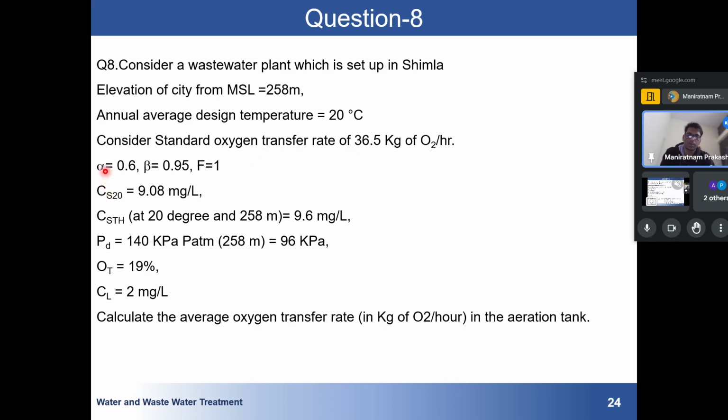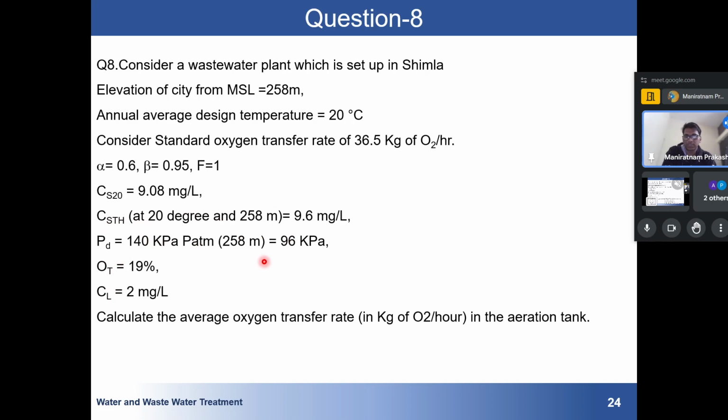Then there are the terms alpha, beta, and F, which I will discuss during this question. Then the saturation concentration at 20 degrees Celsius is 9 gram per liter. Then a standard term is defined which I will discuss in the upcoming part.